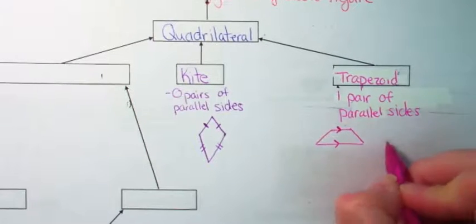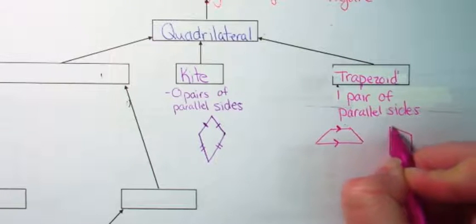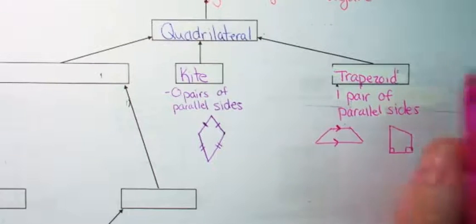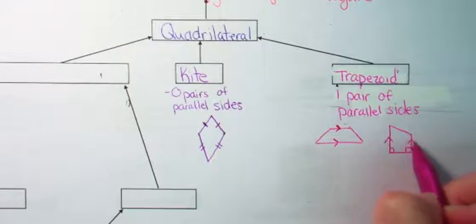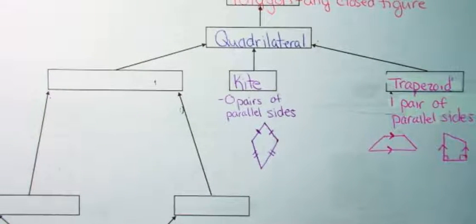But we also need to recognize that a trapezoid can also look like this right here and have a right angle or 2 right angles, because these 2 lines right here are parallel. So those can also be parallel. So trapezoids have 1 pair of parallel sides. Kites have 0 pairs. And then we come to our next one, our parallelogram.